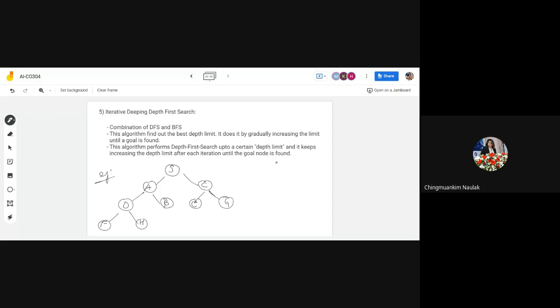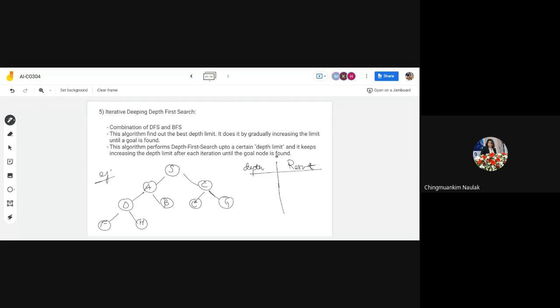First, you will make a table. You'll write depth here, and you'll write the traversed nodes here. As the theory says, this algorithm performs DFS up to a certain depth limit, and it keeps increasing the depth limit after each iteration until the goal node is found.